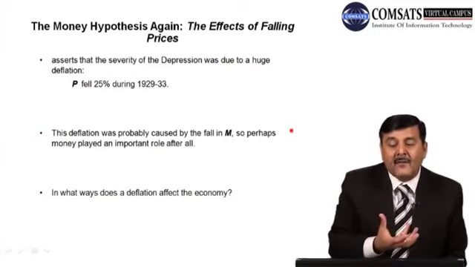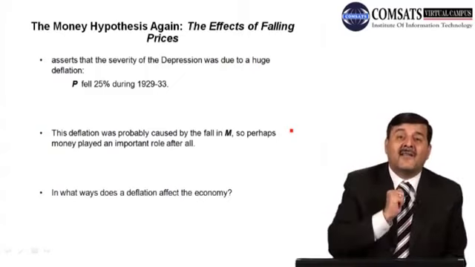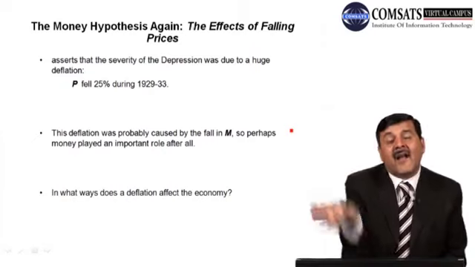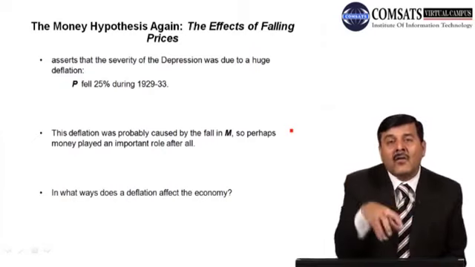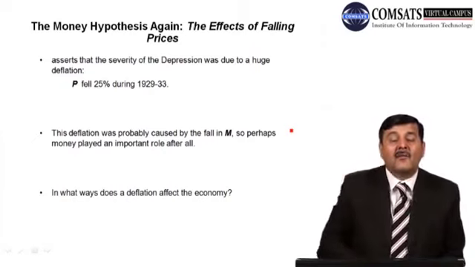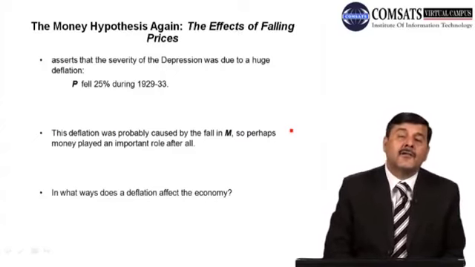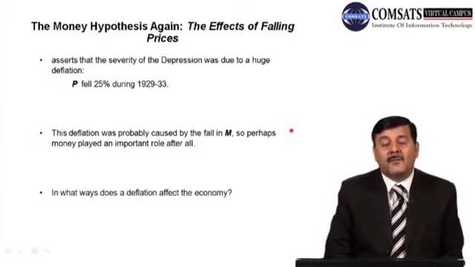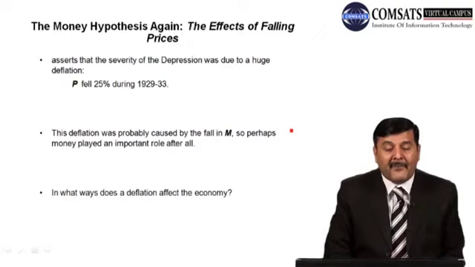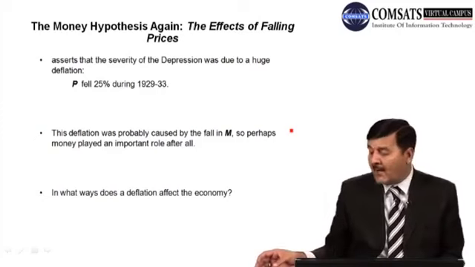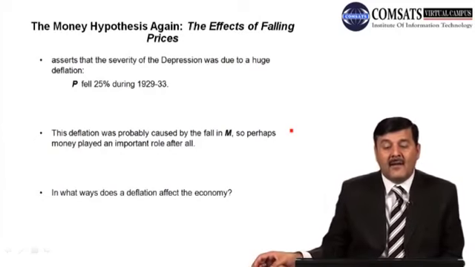That was because of the huge fall in prices, more fall in prices than money supply, and that situation is known as deflation. Prices fell 25% during 1929 to 33. This deflation was probably caused by the fall in M, so perhaps money played an important role after all, because prices came down and there was a deflation.